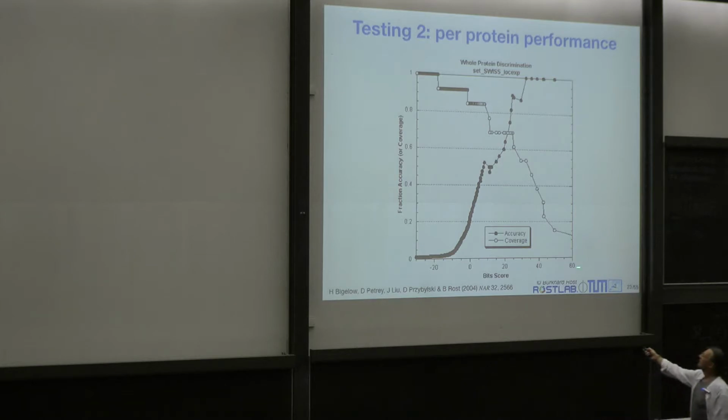So I need some bit score here that assesses, and so essentially what you see here is in dark accuracy or precision, in light the coverage or recall, and you see that for higher bit score, so if you're more certain, then you're more right, but then you find very few proteins, but you still find about 20% of the proteins at a cutoff at which you sort of seem to get 100% precision or accuracy.